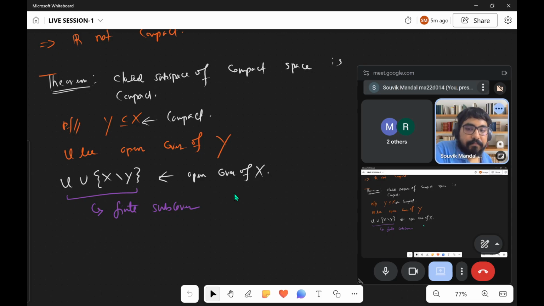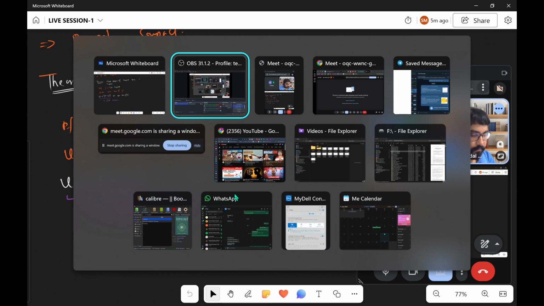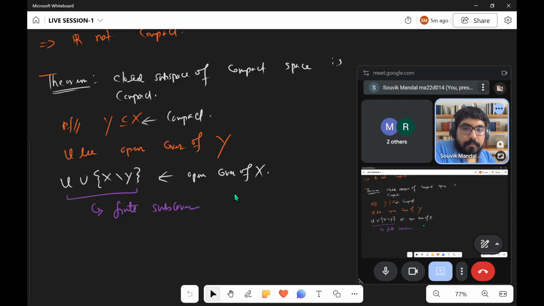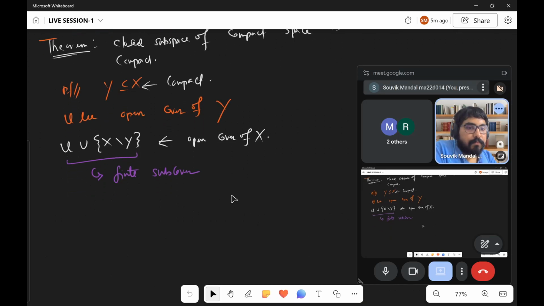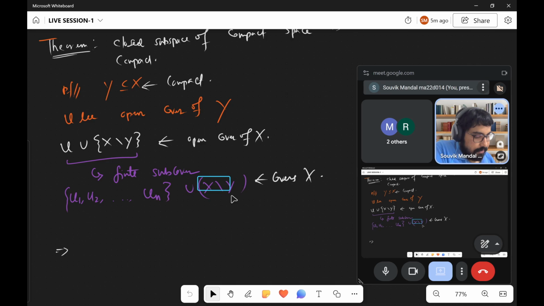So let U1, U2, ..., Un union X minus Y cover X. So this implies that this whole portion U1 to Un covers Y, and this implies what?